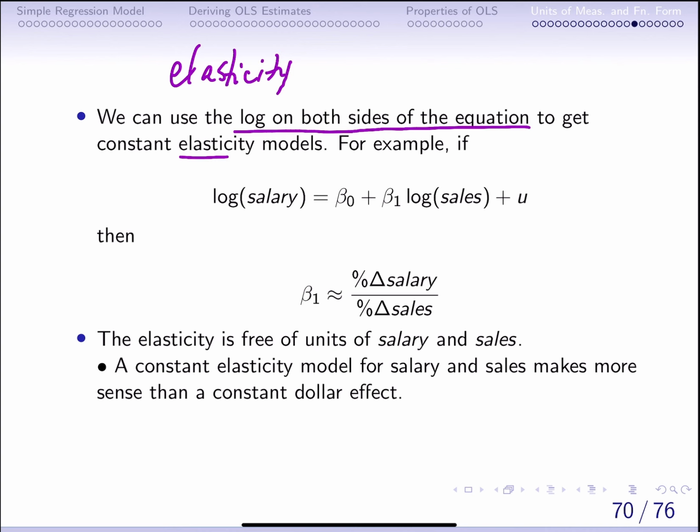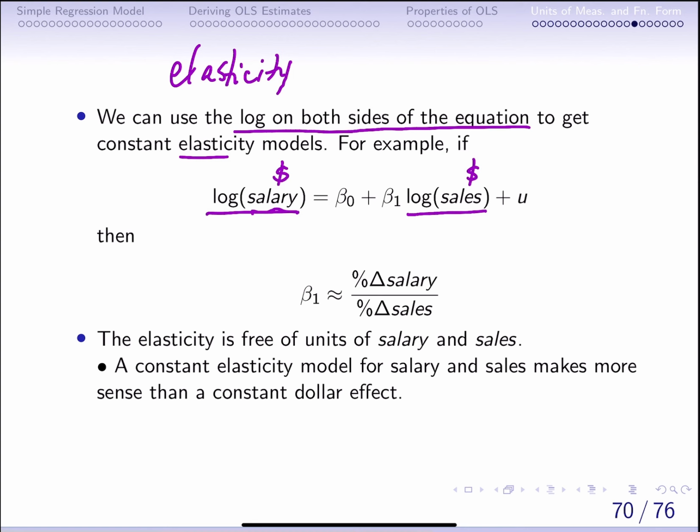So it's usually used for salary data, income data, etc. Here we have log of salary and we have log of sales. This is some other model that we are considering. We might have sales revenues in dollars and salary in dollars, so these are positive and we can take this type of model and estimate it.